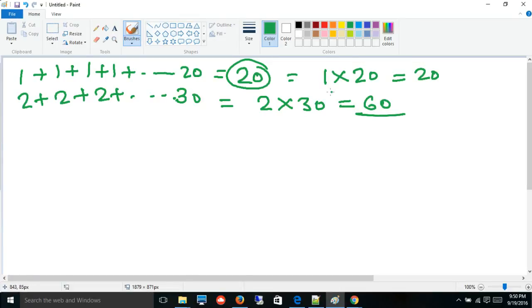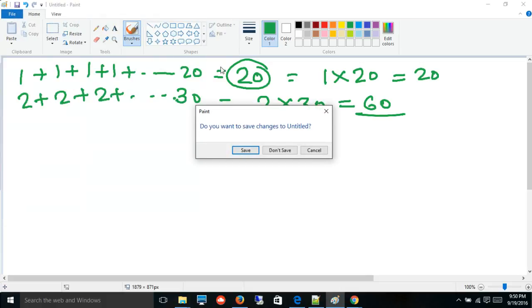So if all the terms in the series are the same, then multiply the number with the number of terms, and that will be the sum of the series.